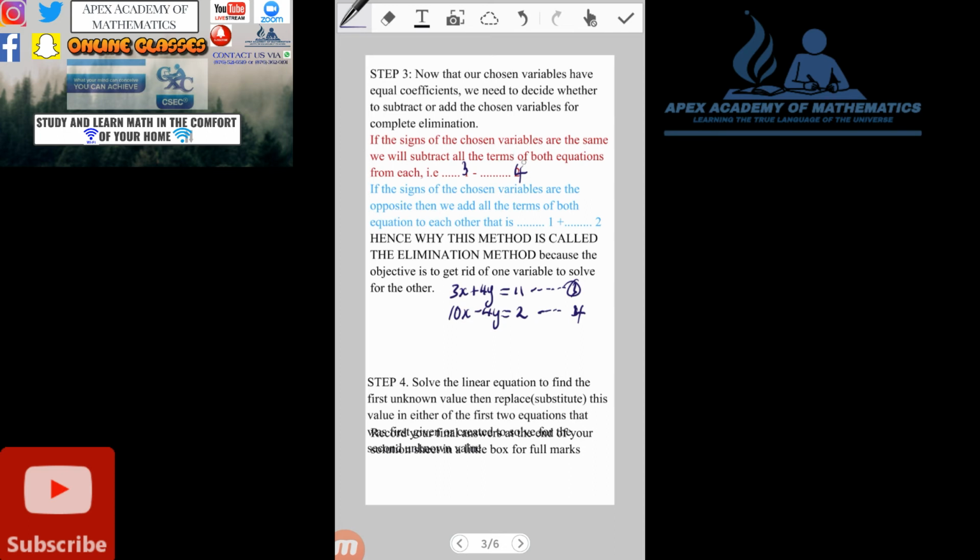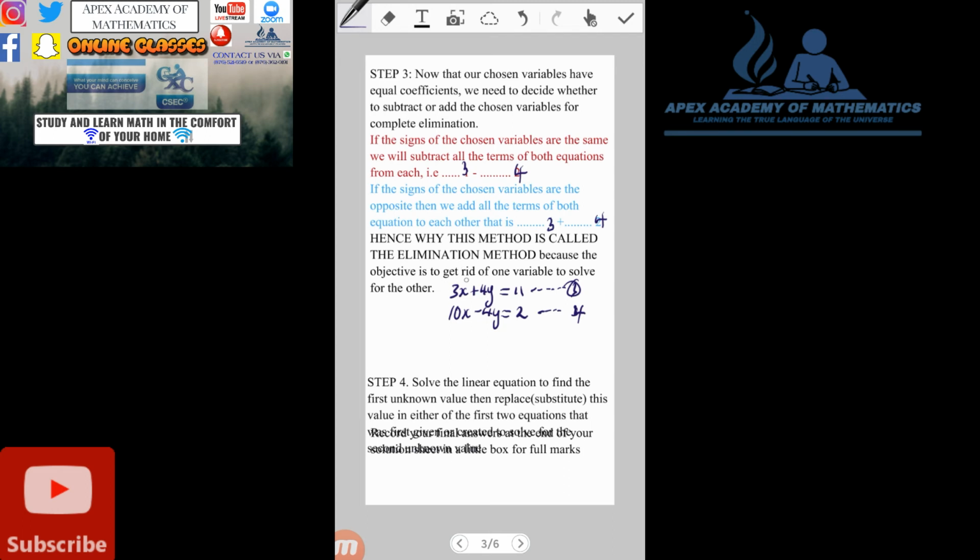In blue, it says that if the signs of the chosen variables are opposite, then we're going to add all the terms of both equations, which in this case is equation 3 and equation 4. So we're going to be adding equation 3 to equation 4.